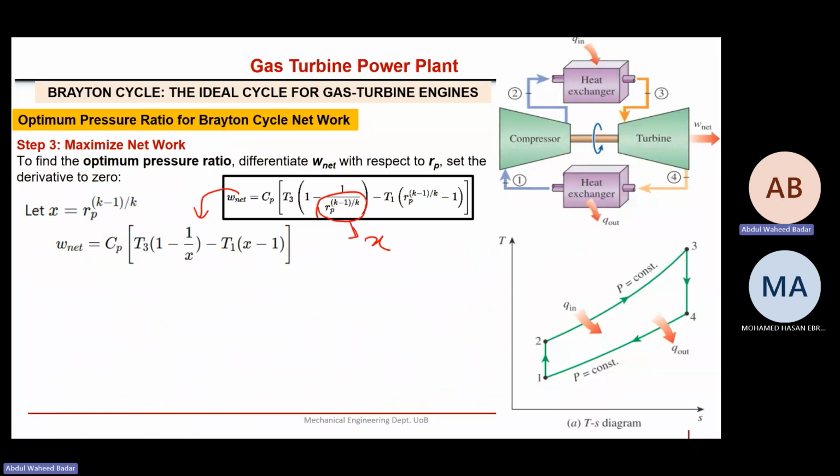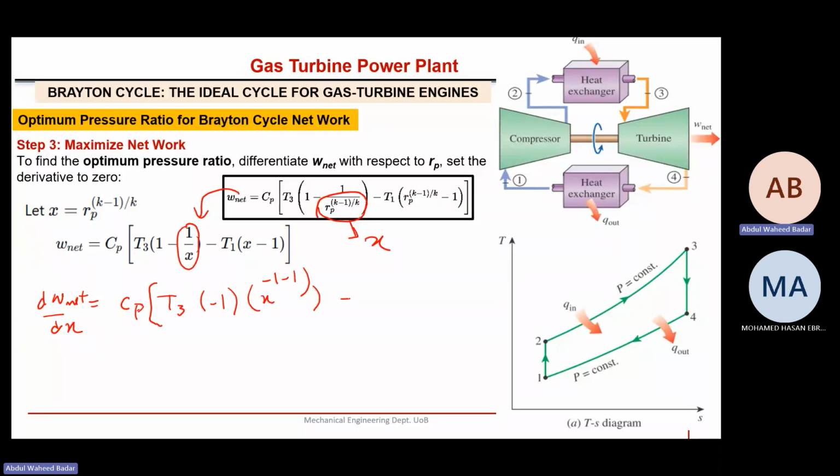So what will be the derivative? First you will take with T3, that will become 0. Then what is the derivative of this thing? Negative 1, x to the power minus 1 minus 1, right?